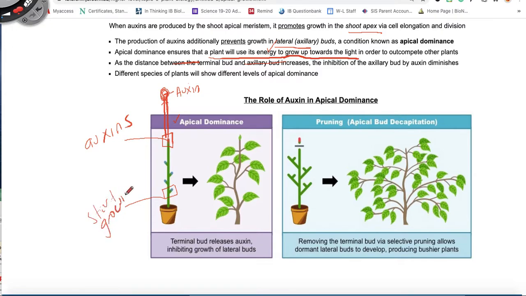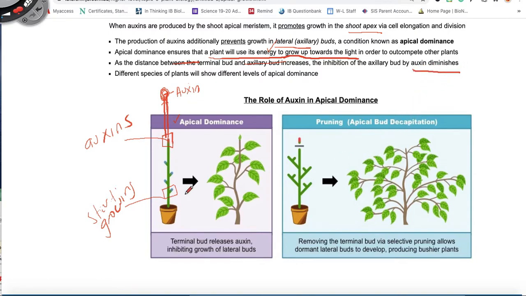You're going to start seeing in the lower part of the plant more branches and more flowers. So as the distance between the terminal bud up here and the axillary bud increases, the inhibition of the axillary bud by auxin diminishes. Okay?